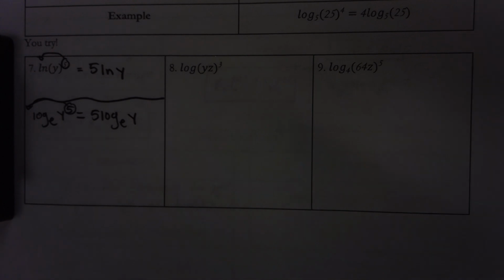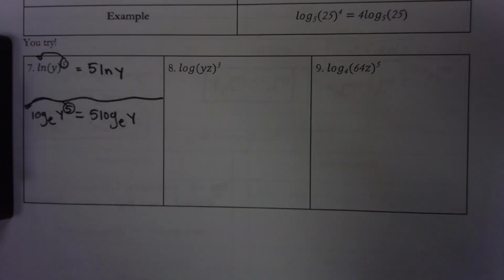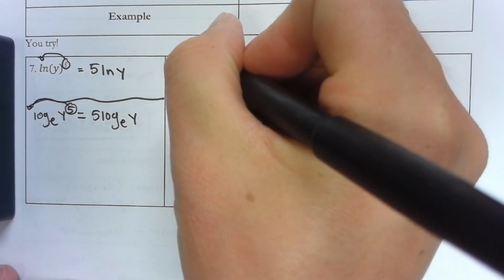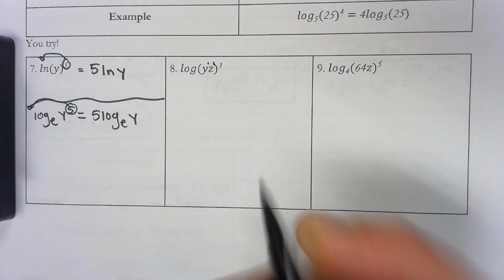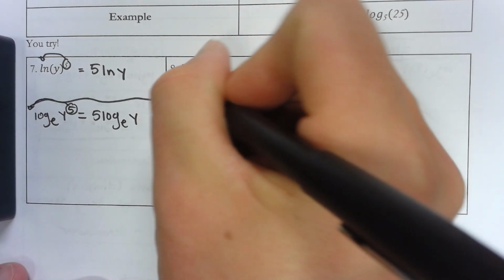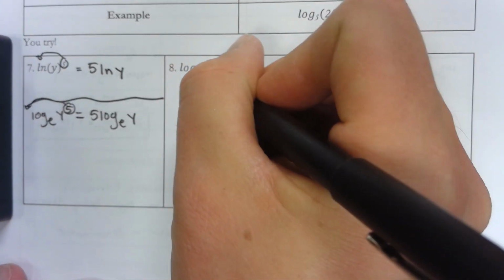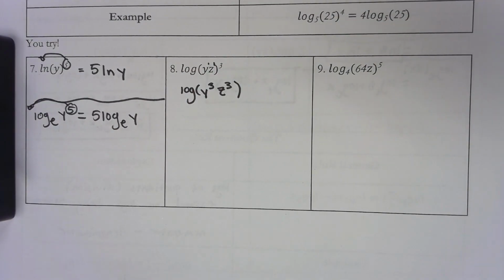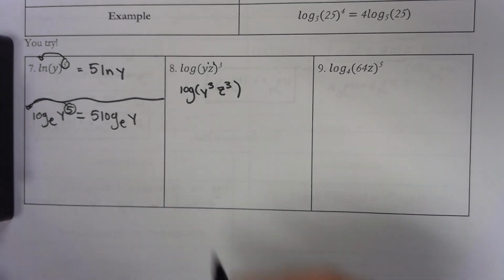Well, if we start with that, that gets at how this should expand out correctly. So the first thing I'm going to do, it got really dark, is the y and the z have exponents of 1. I'm going to multiply those exponents by 3. So this is really log of y cubed times z cubed. Well, that's a product, right? Y cubed times z cubed. So I need to expand this out by adding.